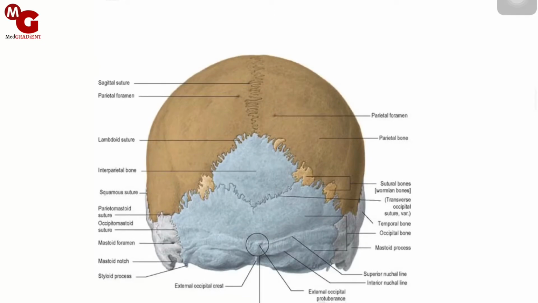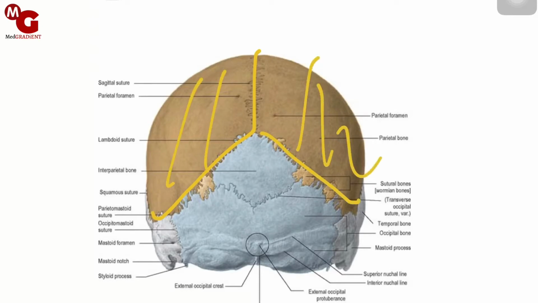So we spoke about the parietal bones, two in number, right and left parietal bones over here, right? Now this is our occipital bone. Usually, now, an interparietal bone is not compulsory. There can be an interparietal bone, there may not be an interparietal bone.